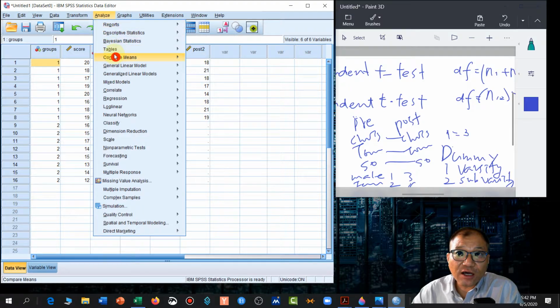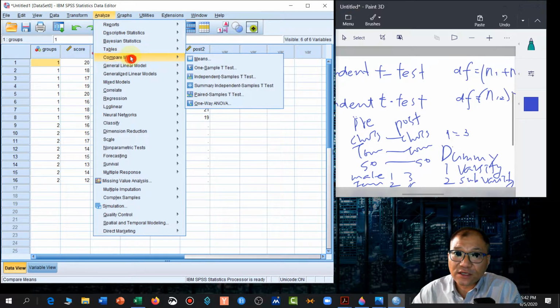Next, which is very important, to analyze t-scores that we practiced during Zoom class, you can just go to Analyze. If you see Compare Means, you will see different types of analysis, and this is what I want to demonstrate: Independent Samples T-Test.